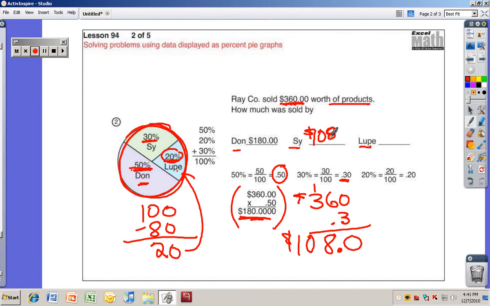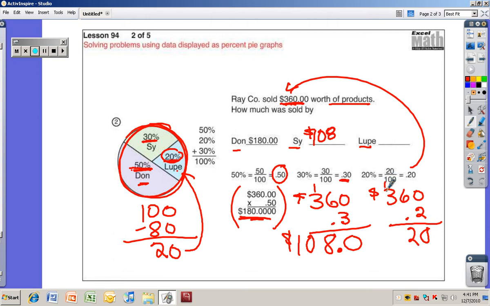Okay, so Lupe is 20%, which is 0.2 of this same amount of $360. So you do 360 times 0.2, and that's 0. 6 times 2 is 12. Carry the 1. That's 7. Decimal point goes over one spot. So she sold $72.